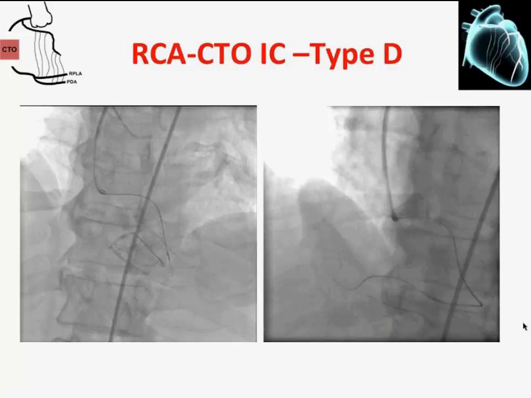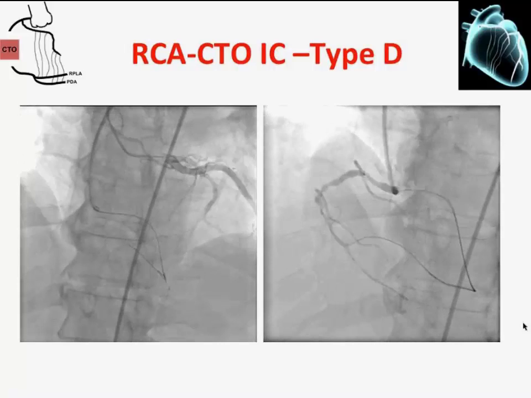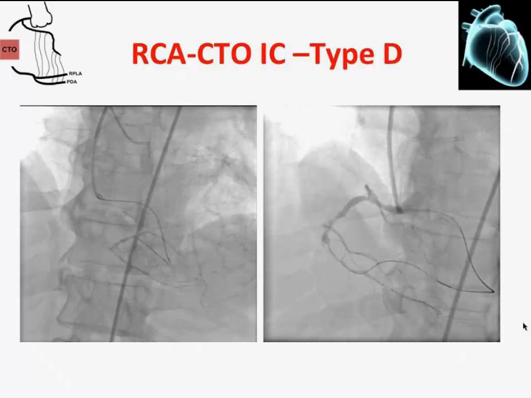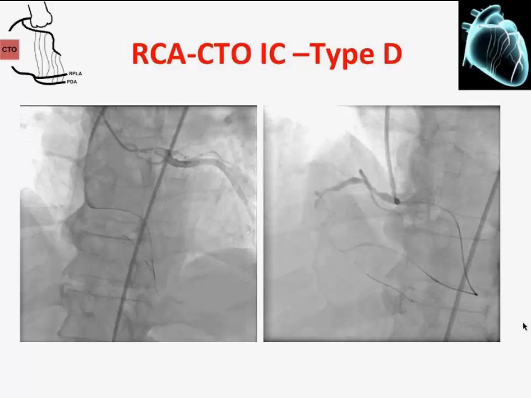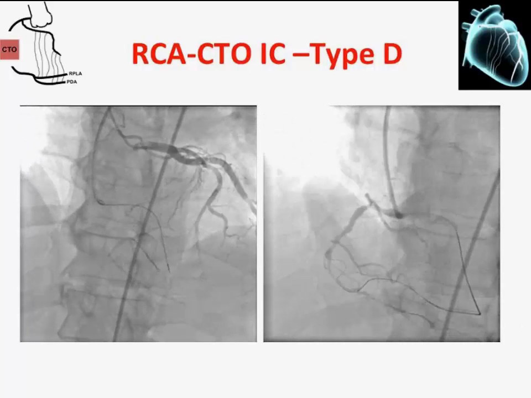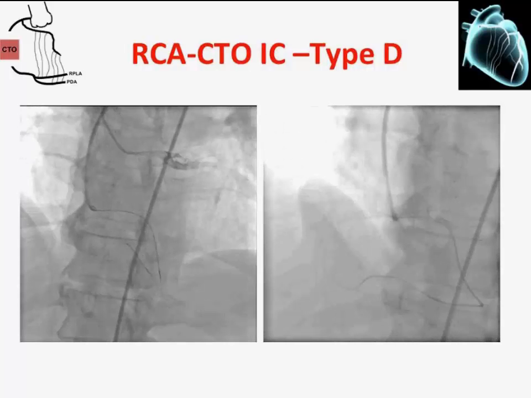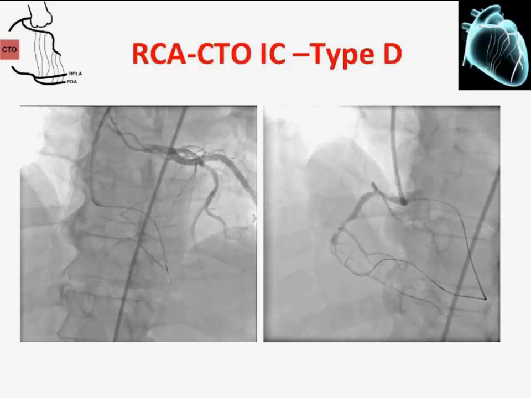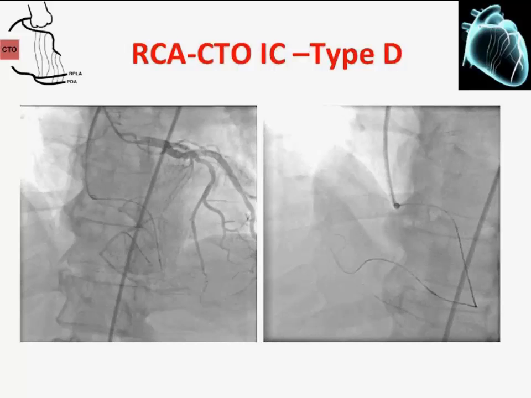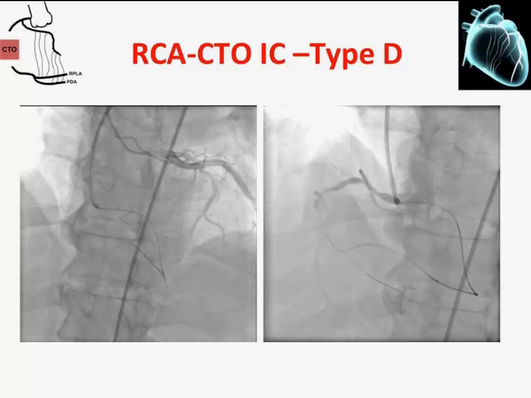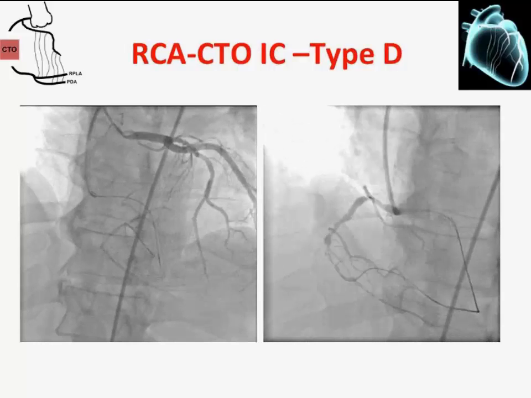I checked over the left if I'm in, and finally I had a little bit of a problem with the backup, as you can see here in the right image. So I put a wire down to the RCA to a side branch, like an anchor balloon, but sometimes it's also enough, it's not necessary to deflate the anchor balloon. You just leave it there. It will increase your backup support.